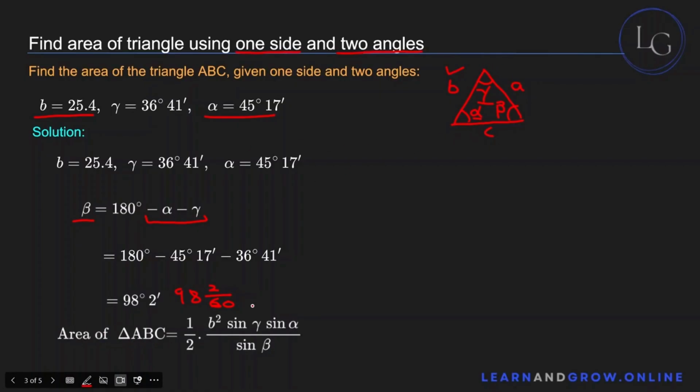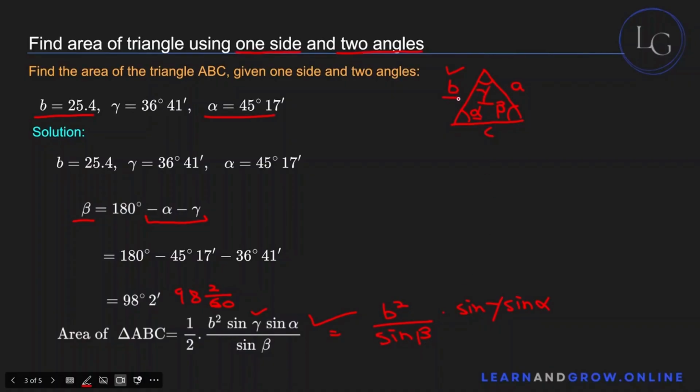You can use this particular formula to get the area of the triangle ABC, right? Half of b square into sine of the first angle that is given to you, right? Actually, let's look at it this way. It is b square over sine beta into sine gamma sine alpha. So b square over sine of the opposite angle to b, right?